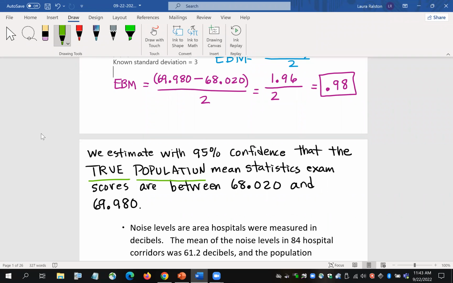We're estimating it, but what would it really be? You have to have those words in the conclusion. We estimate with 95% confidence that the true population mean statistics exam scores are between 68.020 and 69.980.